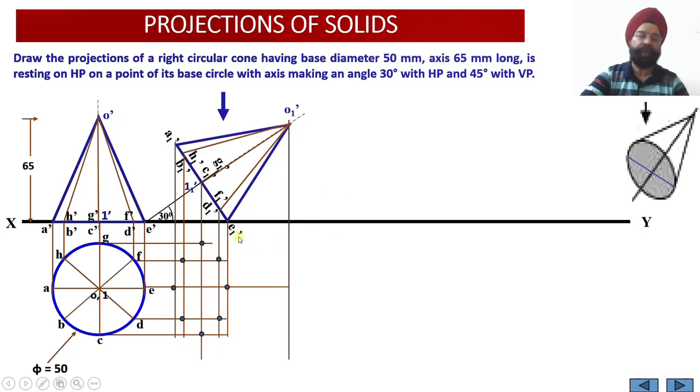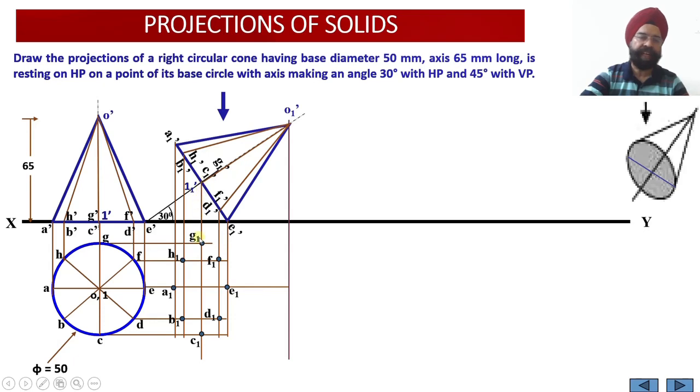Here you see we have located these points, and let us see how we have obtained these points. Draw the vertical projector from A1 dash till it intersects with the horizontal projector through A. This gives us A1. Similarly, draw the vertical projector through B1 dash and the horizontal projector through B. Wherever these two projectors intersect, you get B1.